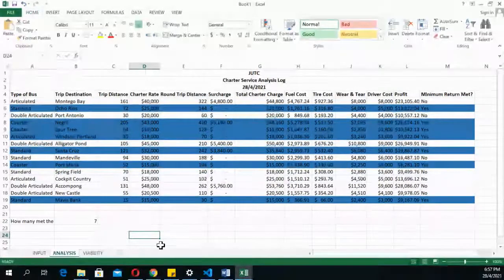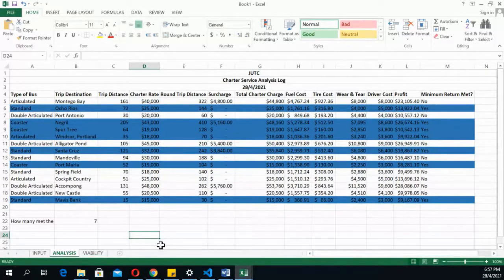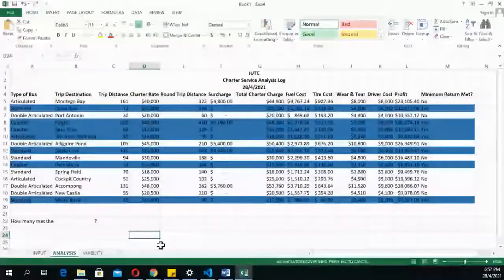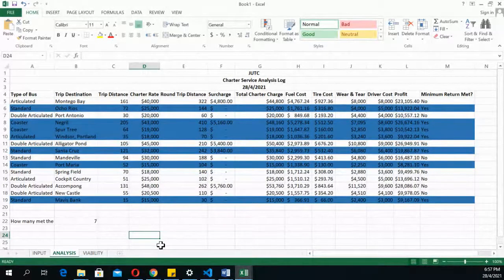All right, so let's take it up a notch. We want to check stuff based on multiple criteria. Let's come up with something. I want to find out how many articulated buses or charters met the minimum requirement.